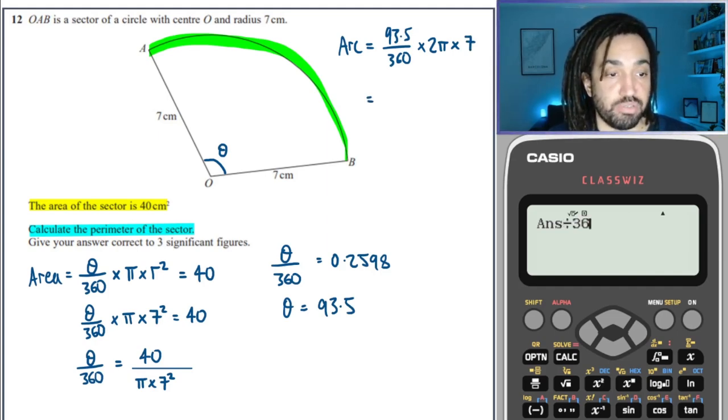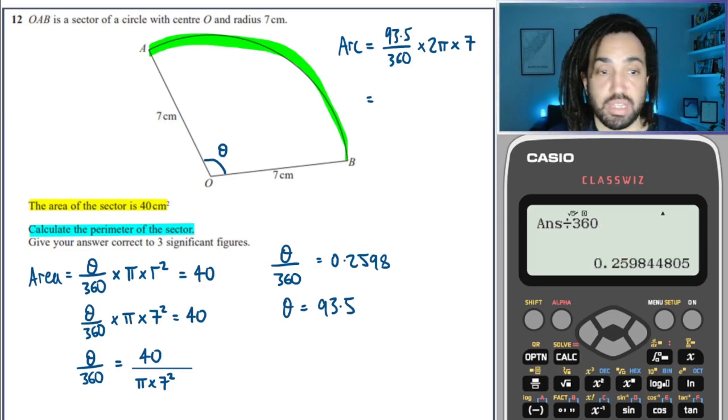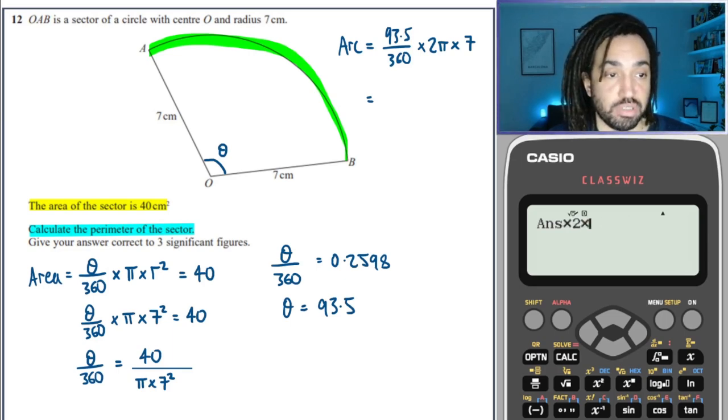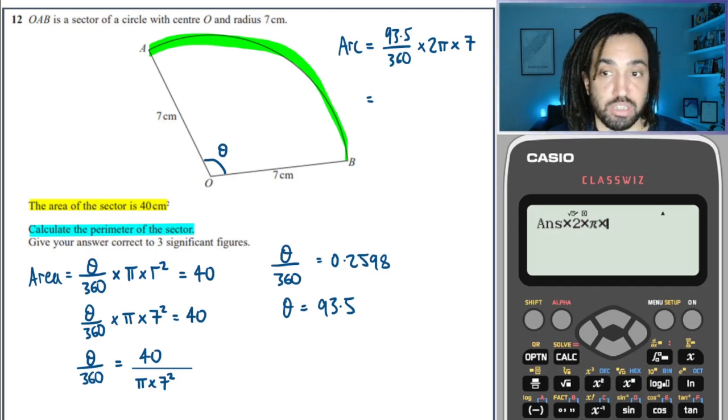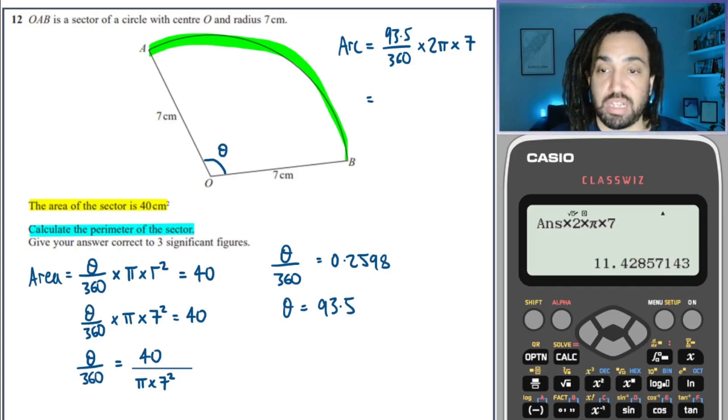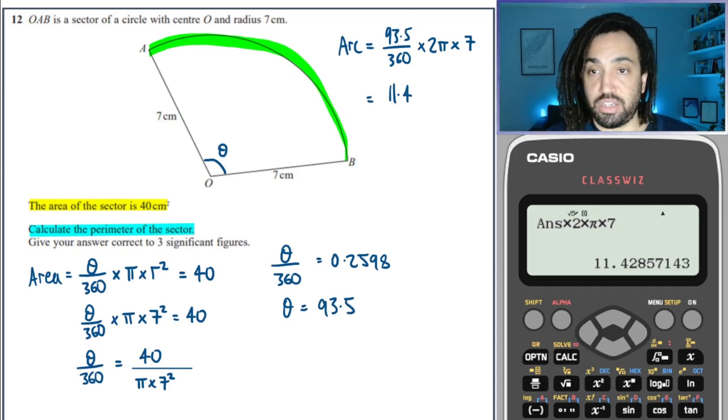So I'll divide this by 360, and then I'll times it by 2, by pi, and by r, which is 7. Okay, it gives me 11.4.